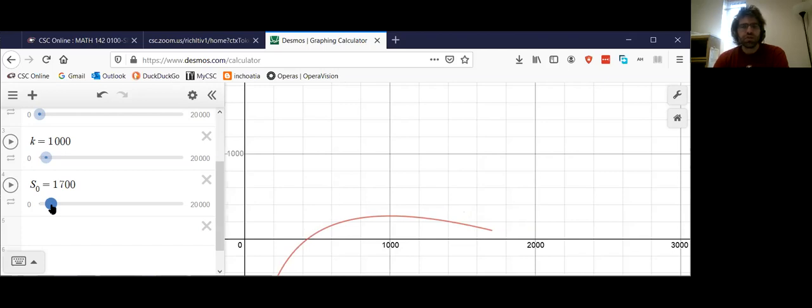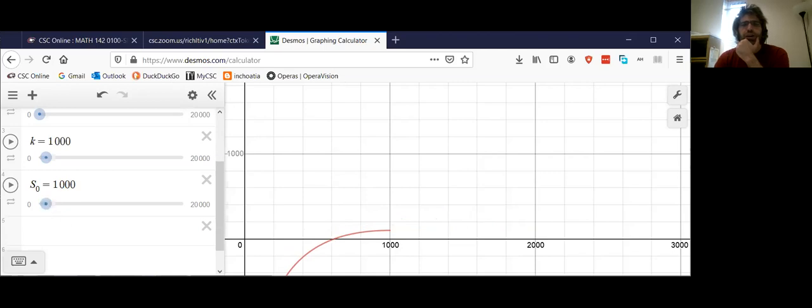The fewer susceptible people there are, the more mild the epidemic. And if we can get S sub 0 below the K threshold, there is no epidemic at all.